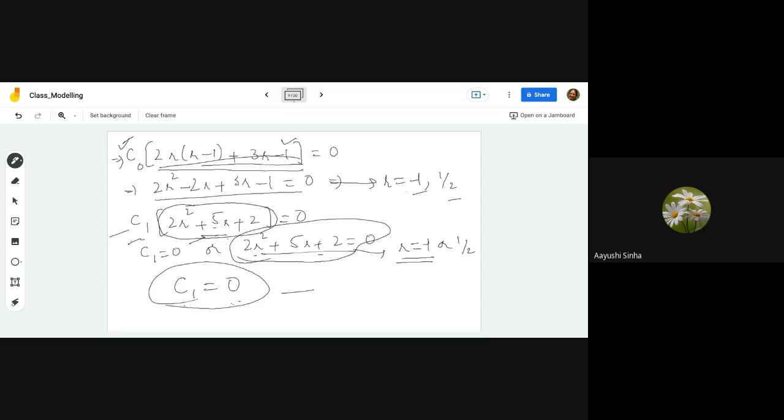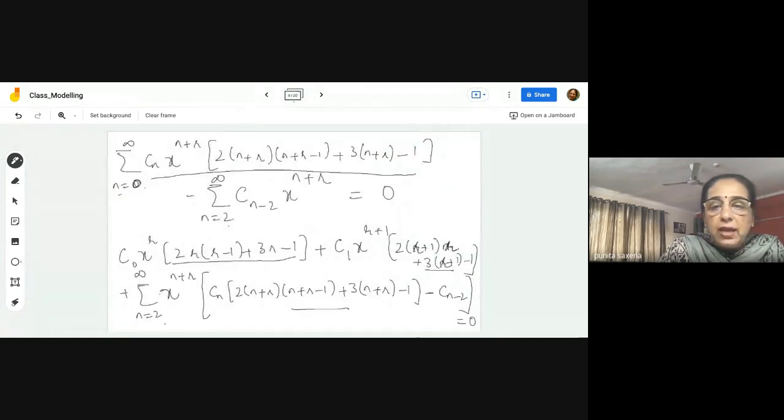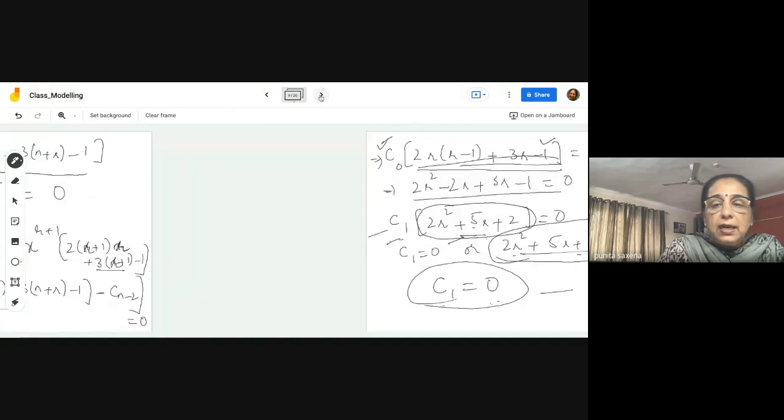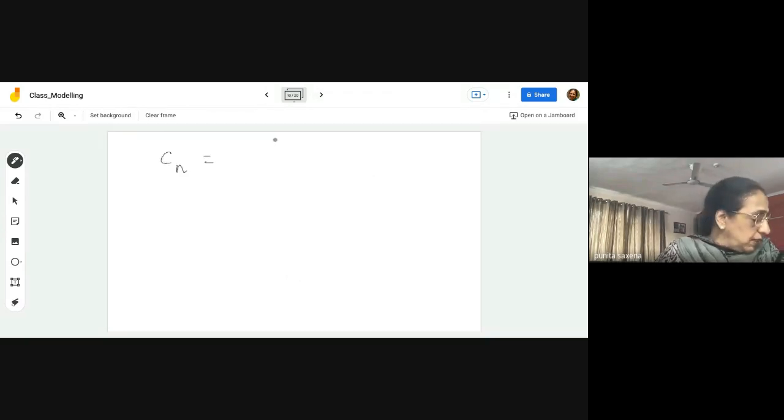Yes, ma'am. So now you can use the last part. See, we have this relation. Basically, the relation gives you the fact that your Cn is going to be nothing but Cn minus 2 upon the whole term. I mean, what we had, what was that?